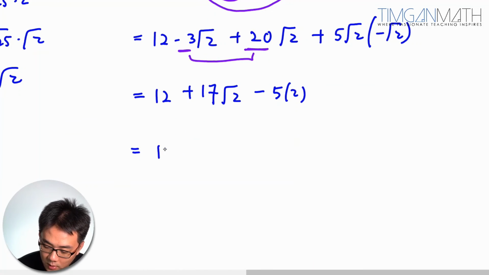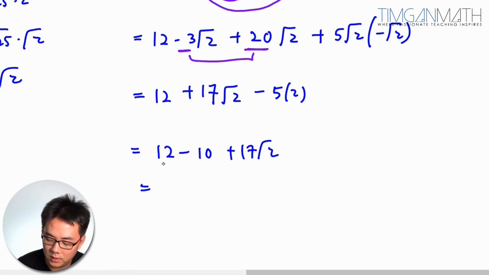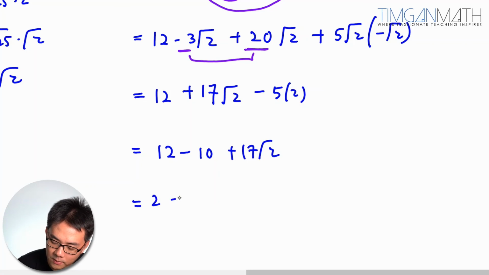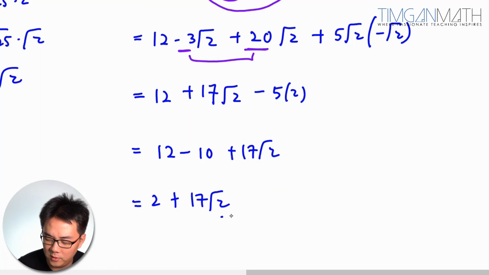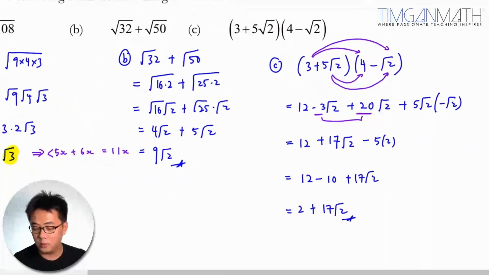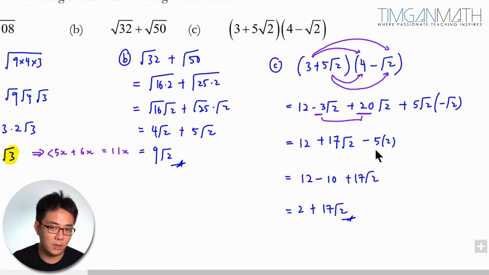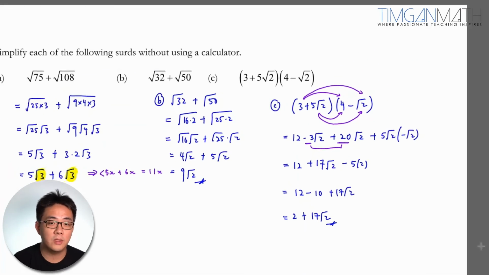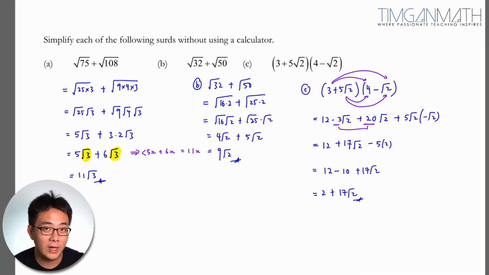This will be 12 minus 10 plus 14 root 2, and you could simplify this as 2 plus 14 root 2. Just take note, the root 2 will never interact with the constant, and the constant will not interact with the root 2. Okay, so this is how we do this part here. Any questions or comments, do let us know, and I'll see you in the next question.